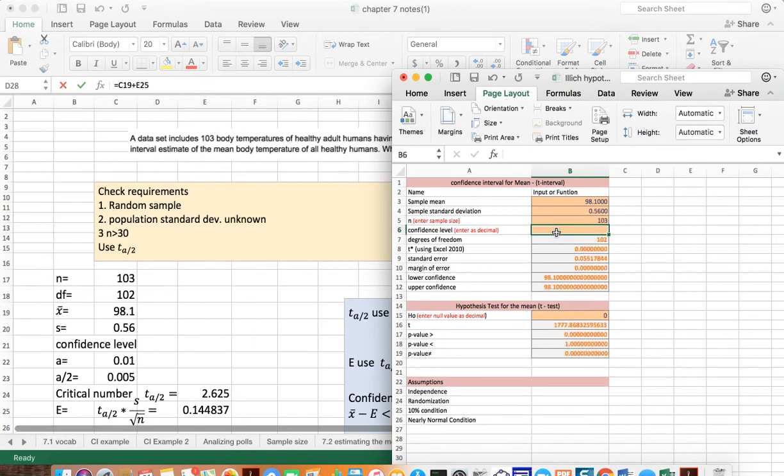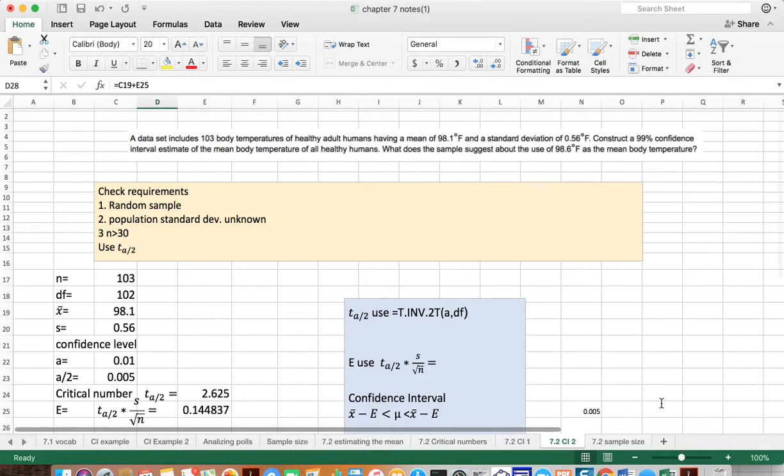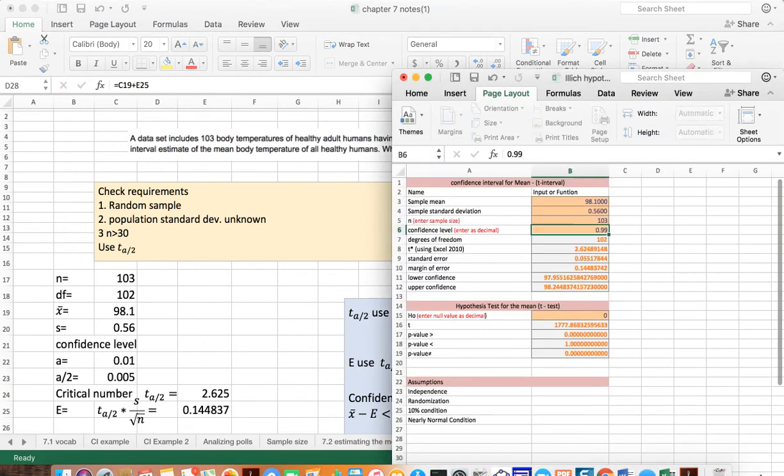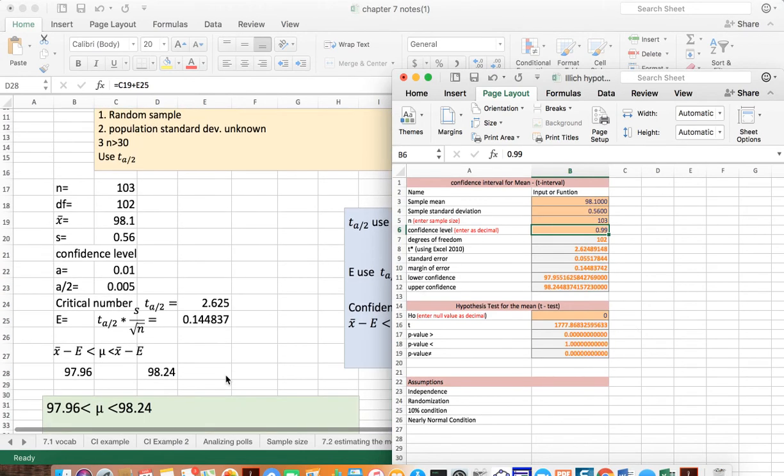So we put in 0.99 and the formula works for us. And we are given a lower confidence of 97.96 and an upper confidence of 98.24, just as we got on the other video.